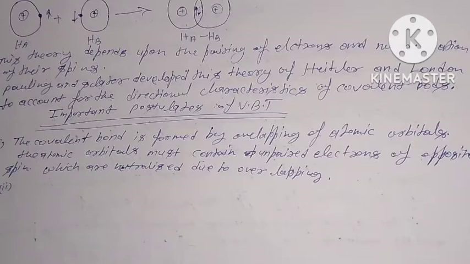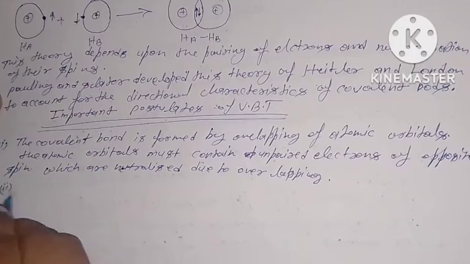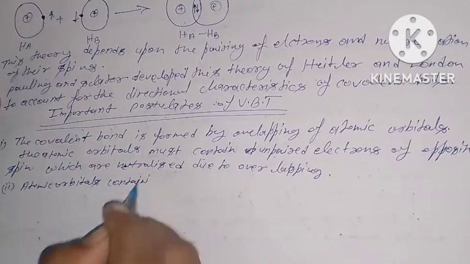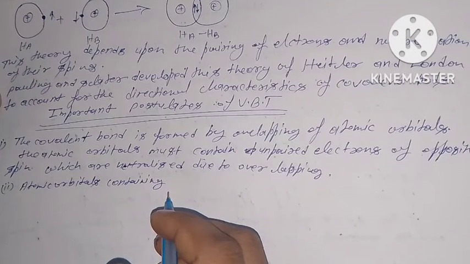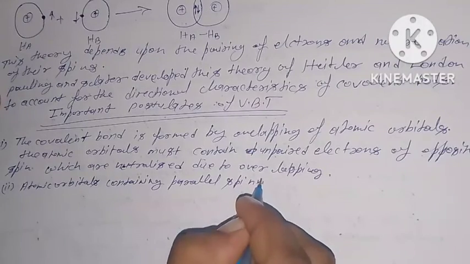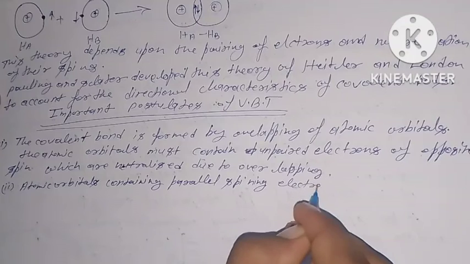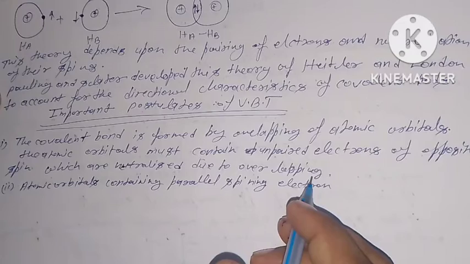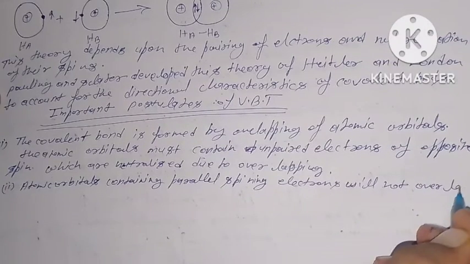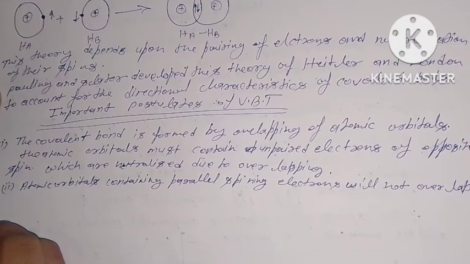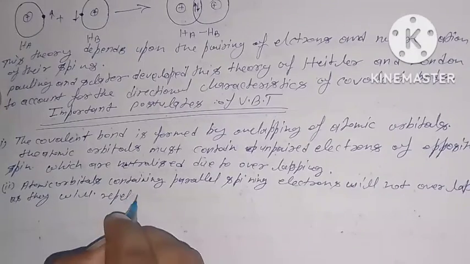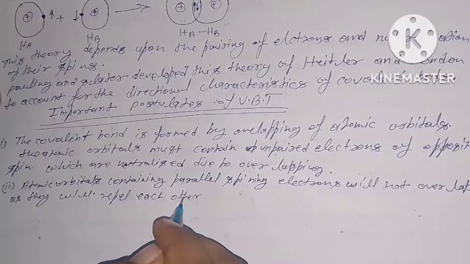Second point: atomic orbitals containing parallel spinning electrons will not overlap, as they will repel each other.